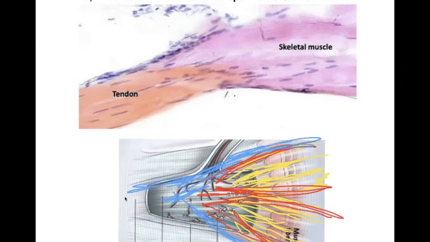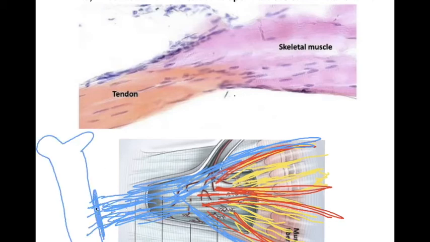These are ultimately connected to the epimysium in blue, which will all merge with the dense regular connective tissue of the tendon, which will then insert into the periosteum of the bone. And that ultimately is how the force is going to be transmitted from the muscle to the bones.